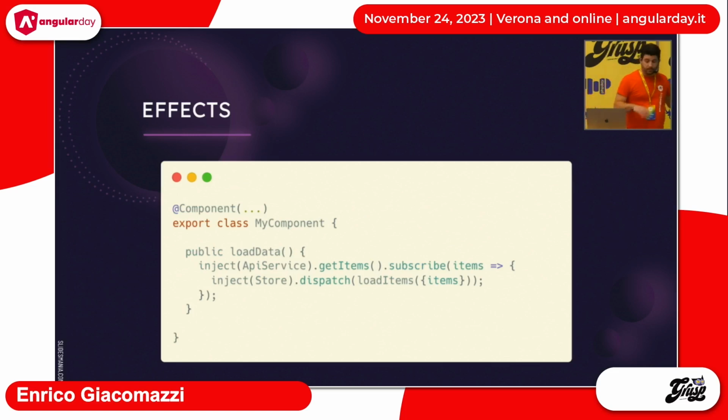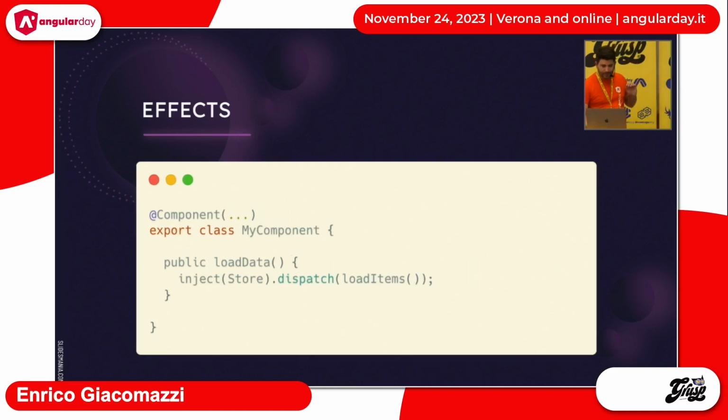I can do it like this. It's not a problem. When in my component someone clicks on the button, it calls the method loadData, then I grab from my dependency injection this API service, get the items as an observable of array of items, then subscribe to that observable, retrieve the items, and then put them inside the store.